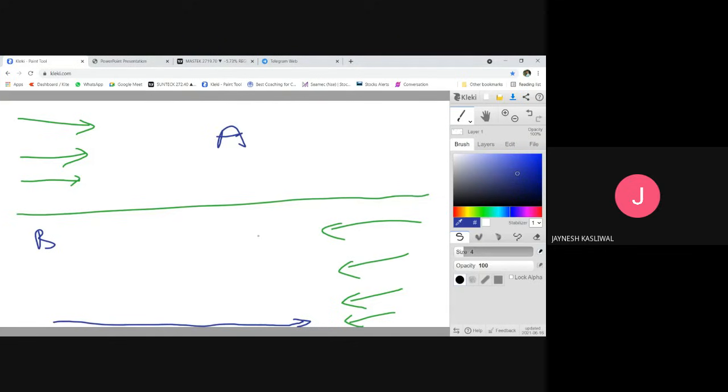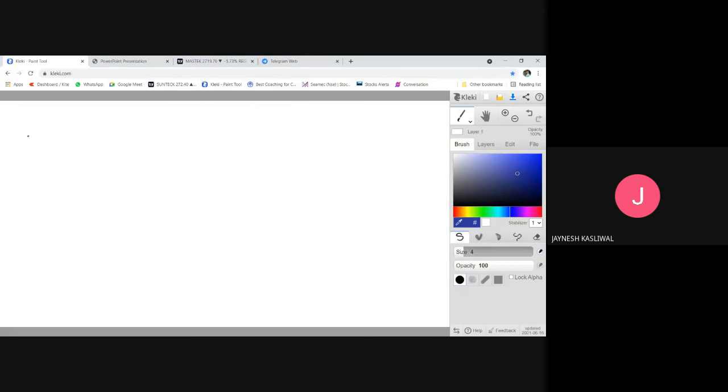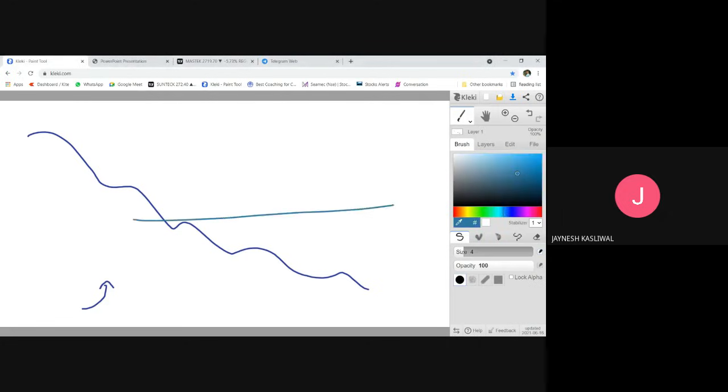Similarly, whenever a stock is in a downtrend and you are trying to buy that stock, the stock is trying to come down and you are trying to go up. So what problem will come? There are obstacles present here.